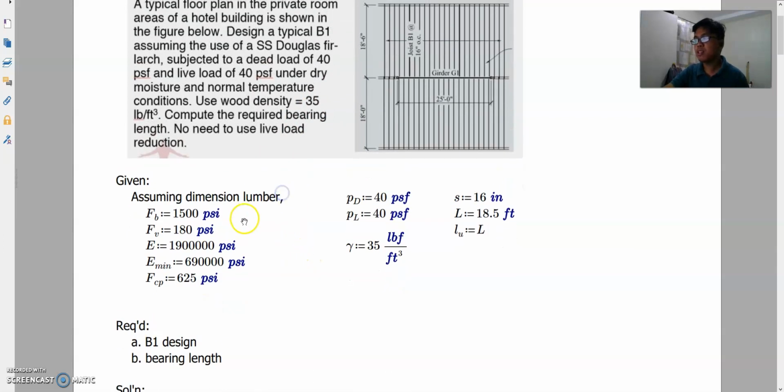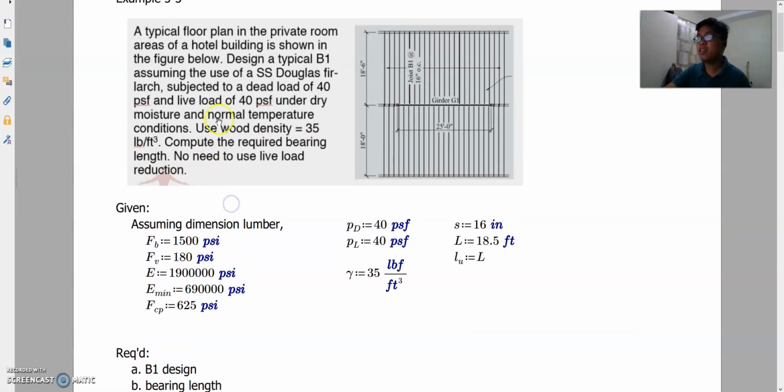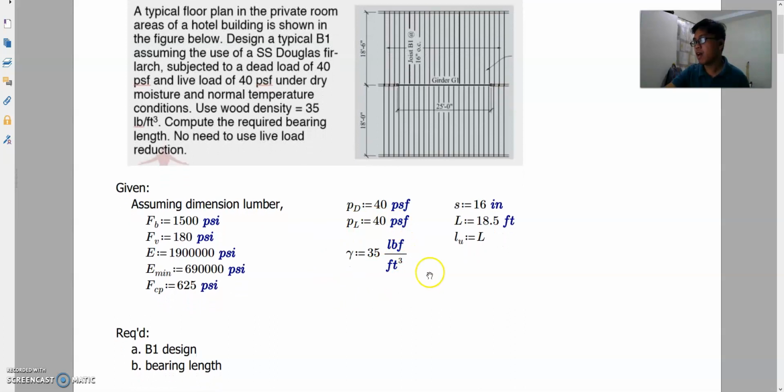So assuming that this is dimension lumber, I already indicated here the properties for select structural DFL as shown here. And then I also wrote the given PD and PL equals 40 psf, density 35, and the spacing of the joist is 16 inches.